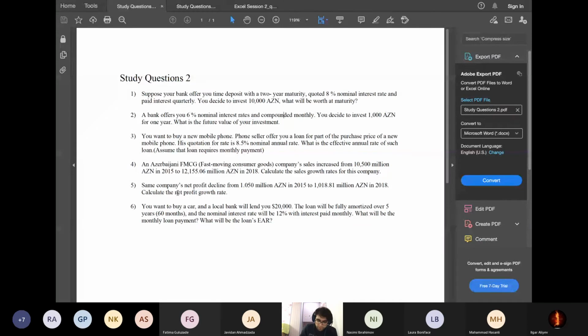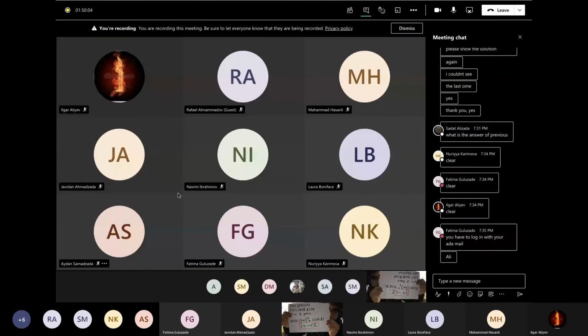So the net profit growth rate, (1 + I) to the power of 3, and the growth rate should be -1%, I think. Is it the same answer as you got? -1% growth rate.